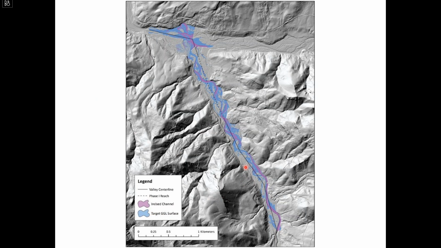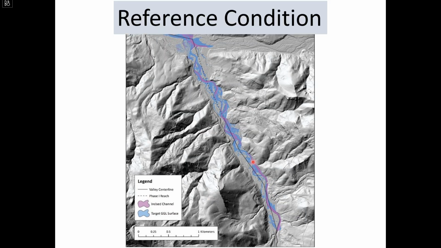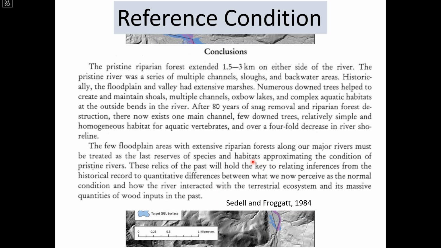So that is our reference reach. This is what this valley was before it degraded. And then I'm also showing you what is degraded with the pink. So just simplifying it to show two different things: reference condition, what we'll restore it to, as well as its current degraded condition. And then I just threw on the Slidell reference there again, because it is a perfect definition of what this valley had been.